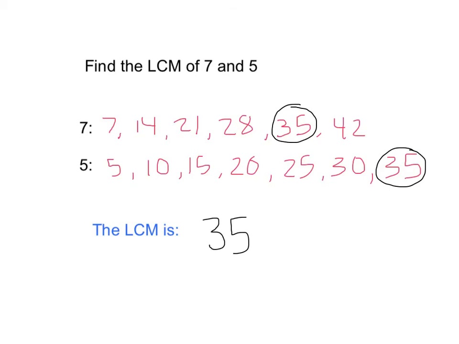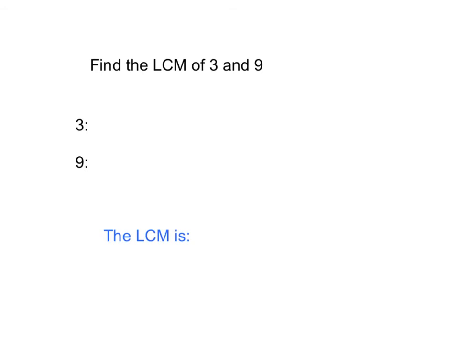Let's try another problem. This time I want you to find the least common multiple of 3 and 9. I'm going to start skip counting with 3's. 3, 6, 9, 12, 15. Next I'm going to skip count with 9. 9, 18, 27.